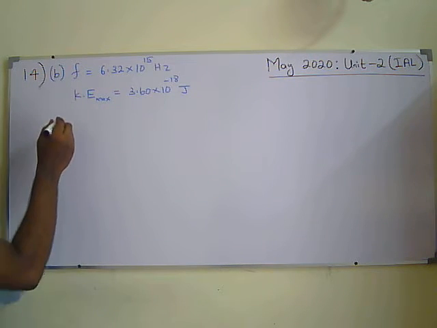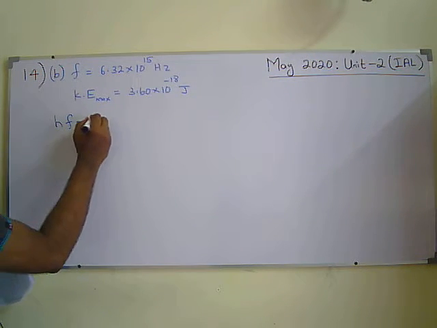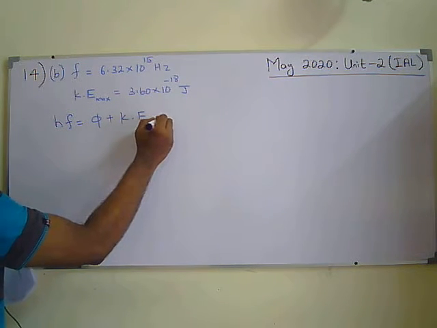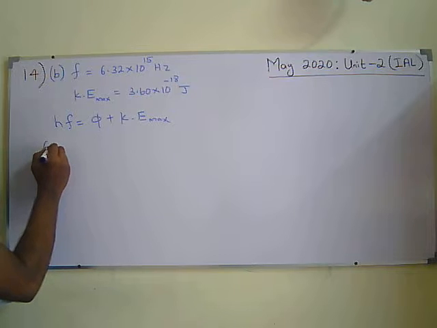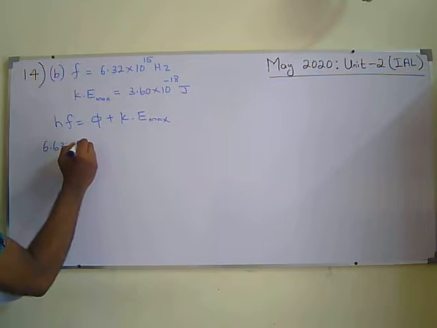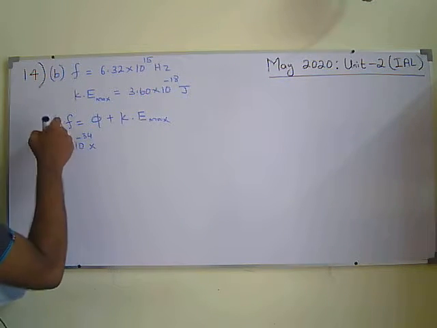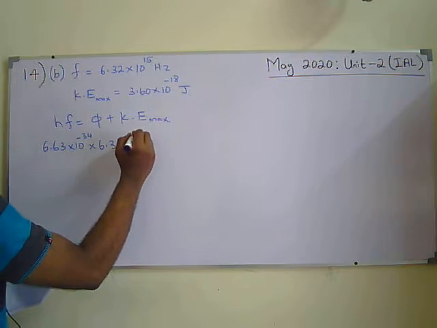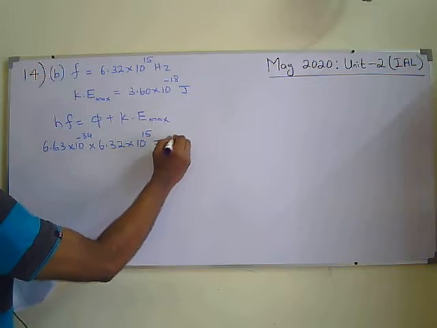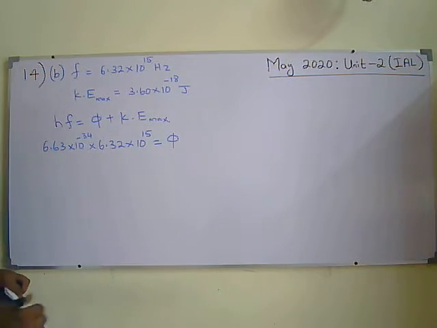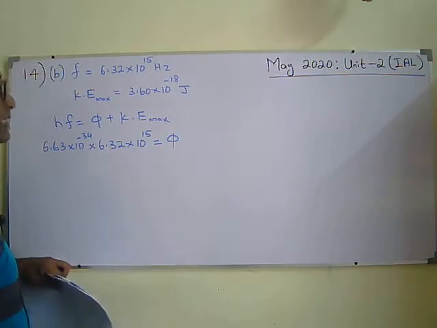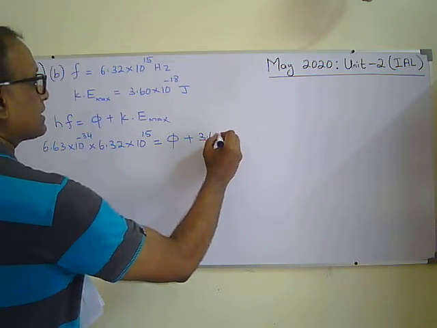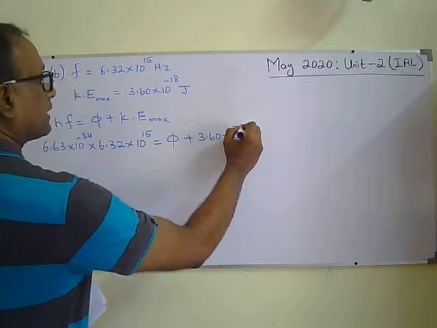So we can use the equation hf equals phi plus KE max. So h we know that 6.63, Planck constant, times 10 to the power minus 34. Frequency given 6.32 times 10 to the power 15 equals phi, the work function, I am going to find it to compare with the data given in the table, plus KE max given 3.60 times 10 to the power minus 18.